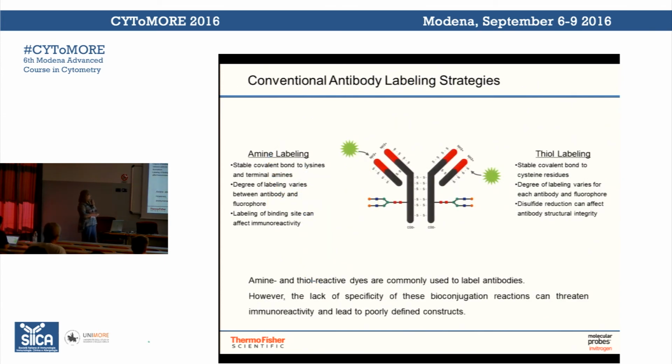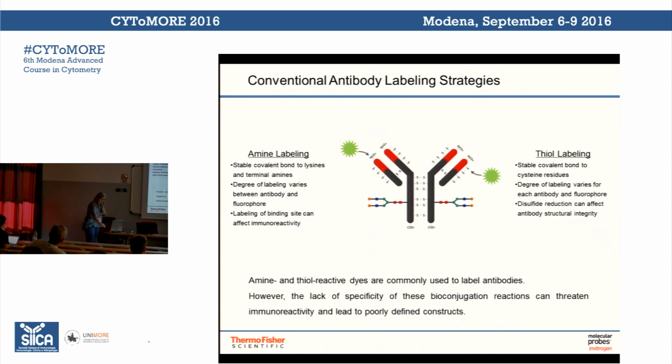So with amine labels, this is a stable covalent bond to the lysines. The degree of labeling can vary between antibody and fluorophore, and you can have labeling of the binding site. Thiol labelings are another type. These are a covalent bond to cysteine residues, and again, there's variability here.